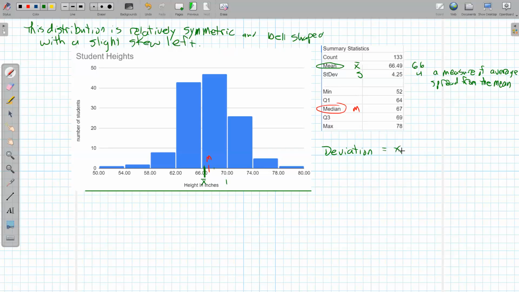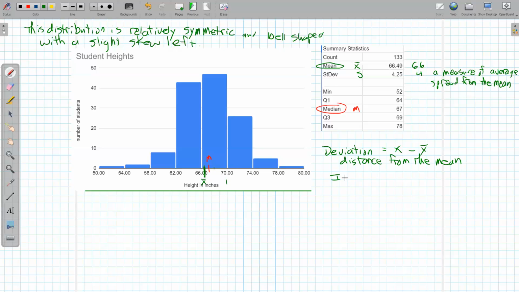X always means just some number in the data, like my X is 68. Somebody else's X might be 62 or 74. So if we take somebody's value and we subtract the mean from it, that's deviation, and deviation is just distance from the mean. Okay. So somebody that's 70 inches tall has a deviation of 4.